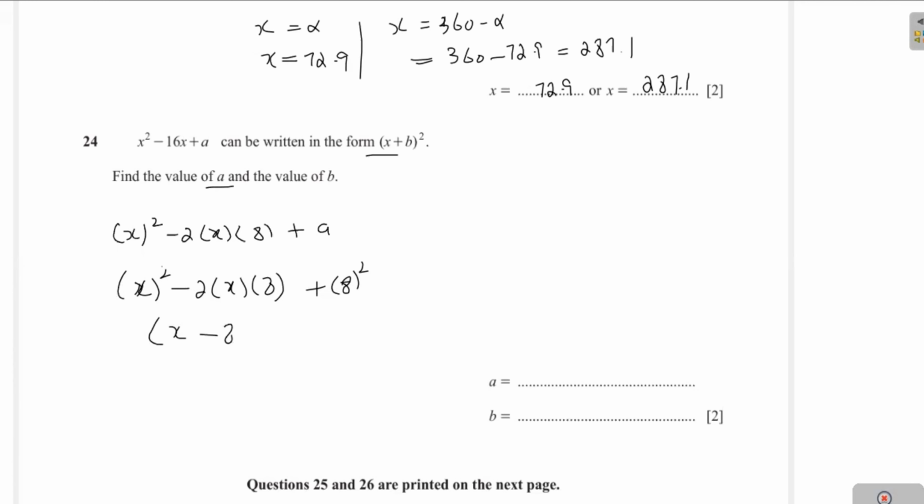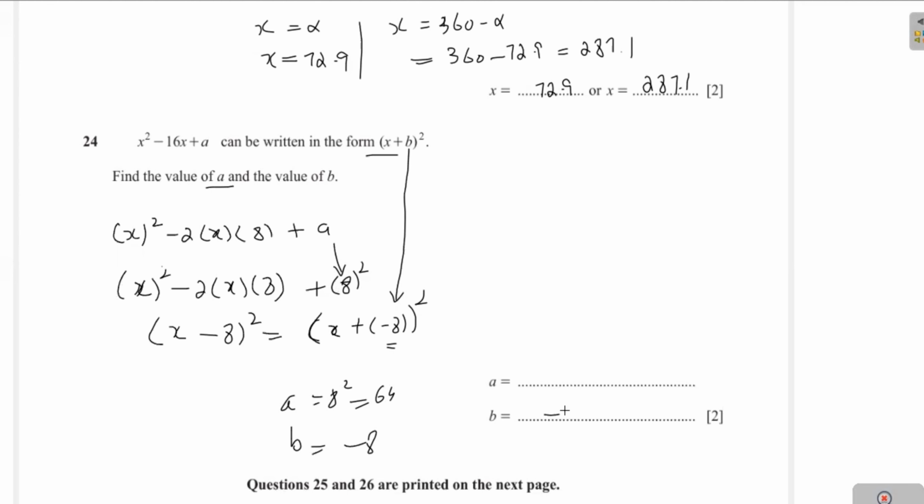This expression becomes (x minus 8) whole square, and we can write this as (x plus minus 8) whole square. Therefore, the value of a is 8 squared, and this is 64. The value of b, when we compare with (x plus b) whole square, is minus 8. Therefore, the value of b is minus 8, a is 64. This is the answer.